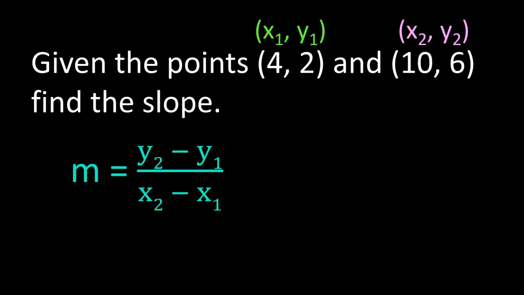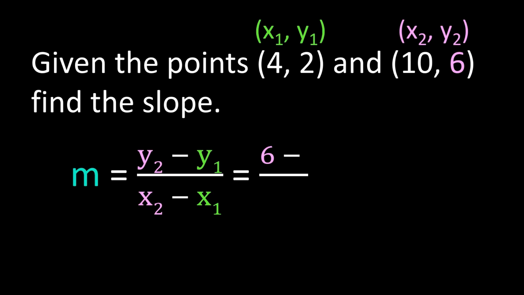If you label them, when it's time to start plugging values into the formula, that step is a lot easier. So we're going to start with y2. y2 is 6, so we'll have 6 minus y1, which is 2. So 6 minus 2. Then I'll have x2, which was 10, so 10 minus x1, which was 4.